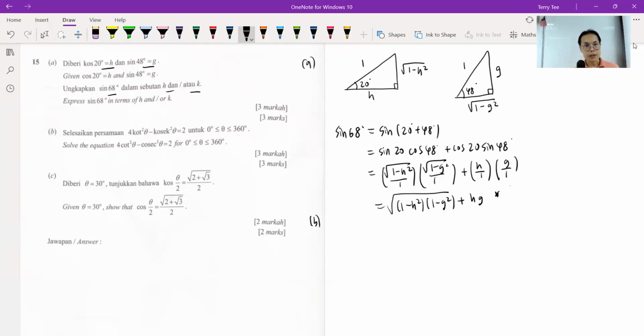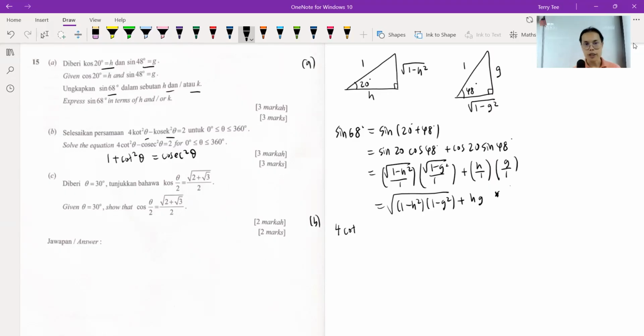Okay, part B I'm going to do it here. Solve the equation 4 cotangent squared theta minus cosecant squared theta equals 2. Here I'm using English, but if you want to use bahasa, it doesn't matter. What is the relationship between cotangent and cosecant? We know that from the basic identity, 1 plus cotangent squared theta is cosecant squared theta.